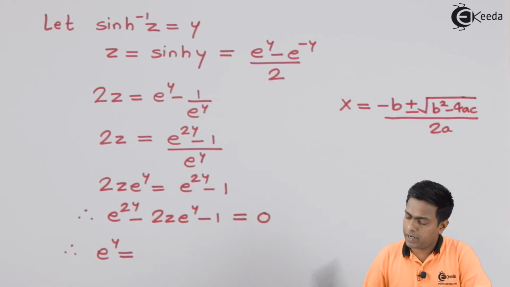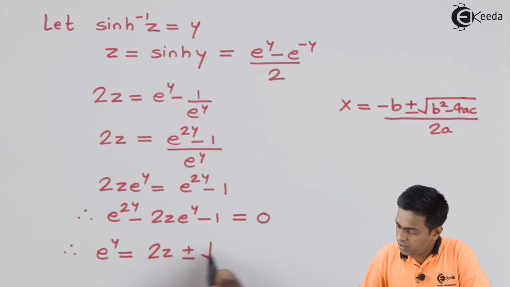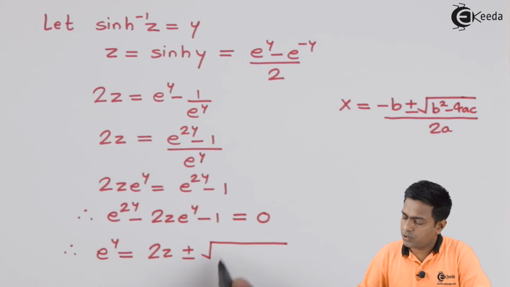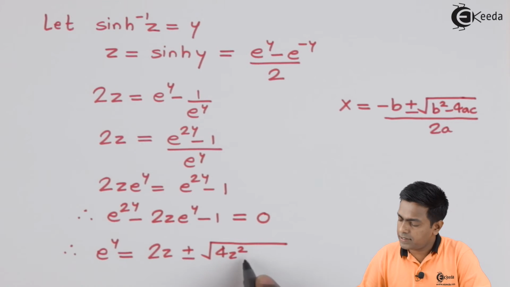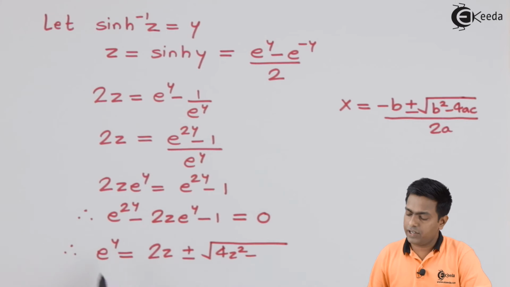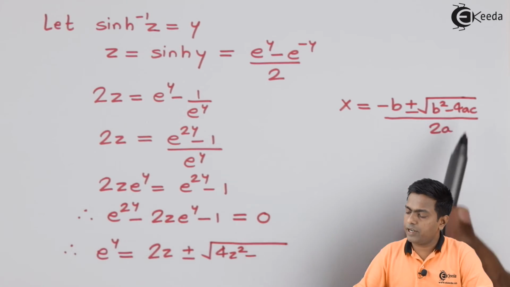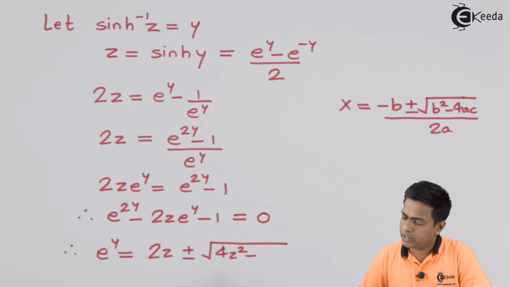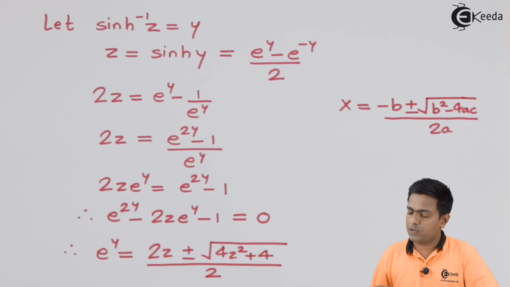So minus b is positive 2z, plus or minus under root b square, that is 4z square, then minus 4ac. Here a is 1 and c is minus 1, so 1 into minus 1 into minus 4 is plus 4, upon 2, because the value of a is 1.